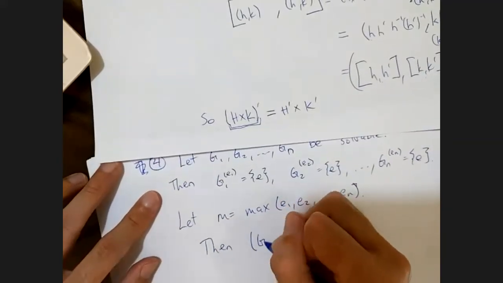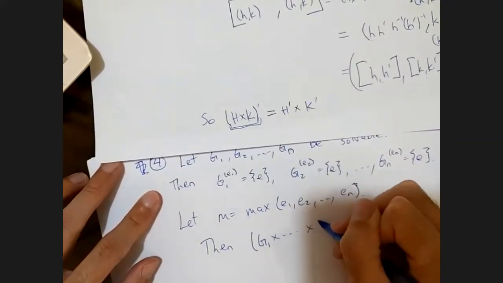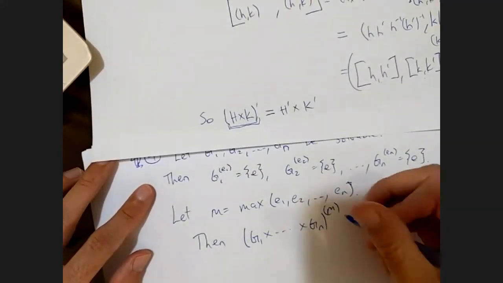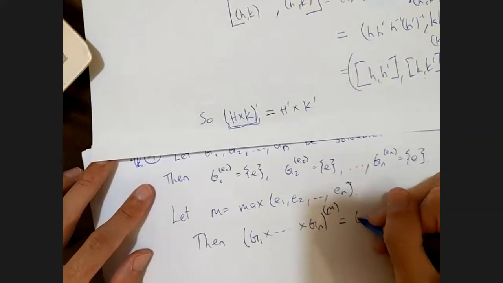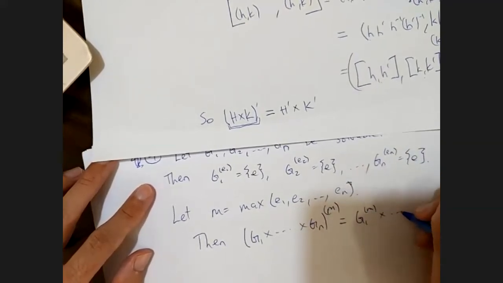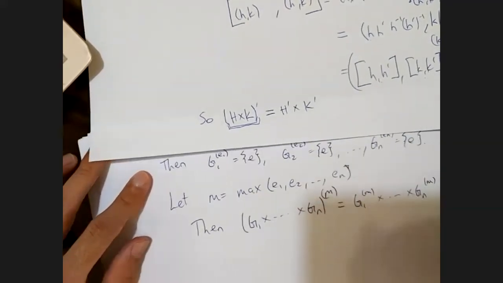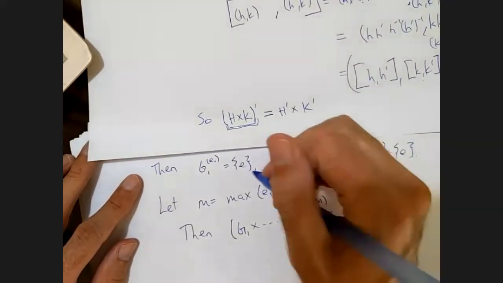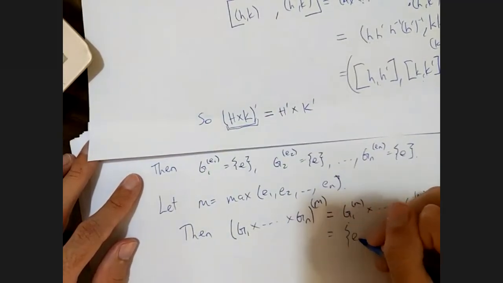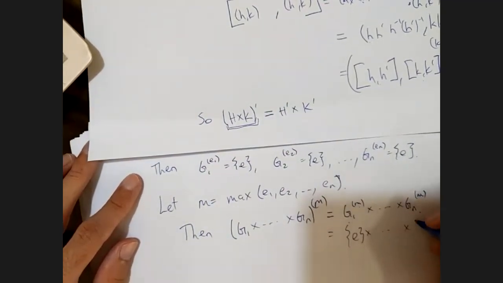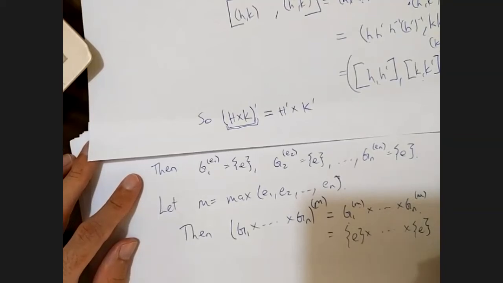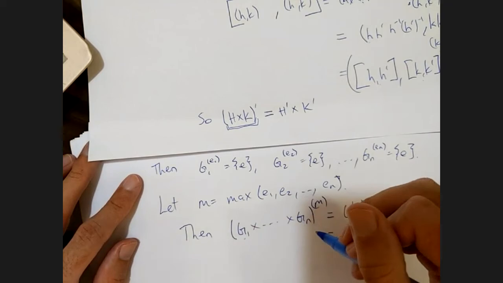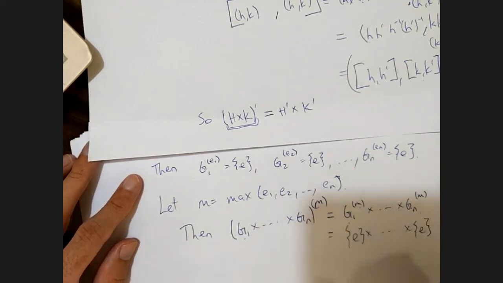Then if I take the mth commutator of this direct product, well, that's just the direct product of all the commutators. And each of these is trivial since m is bigger than each exponent. And that's the trivial group. So in other words, (G_1 cross ... cross G_n)^{(m)} is trivial, so it's solvable.